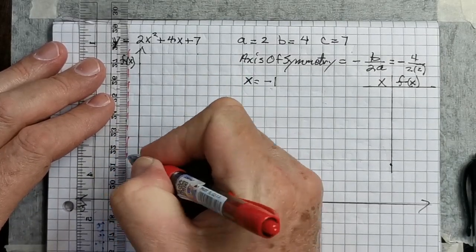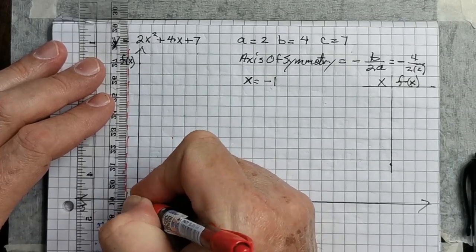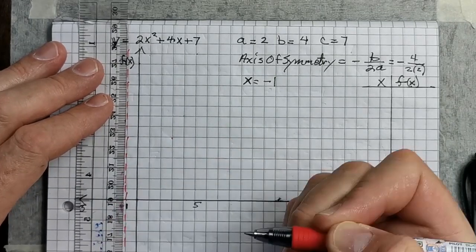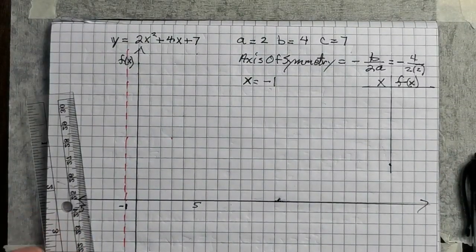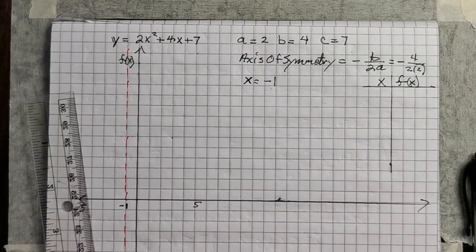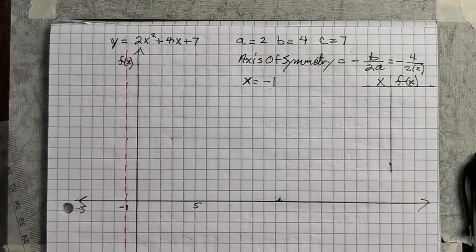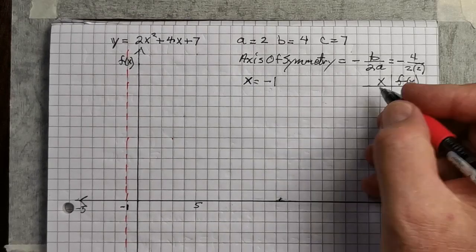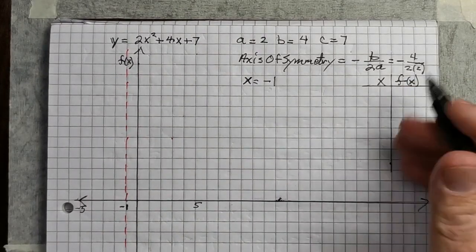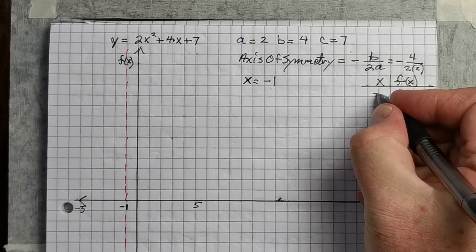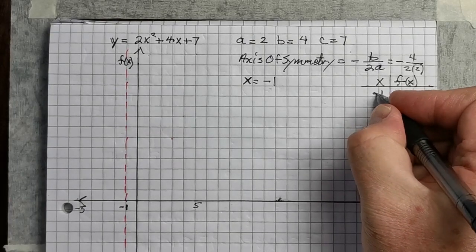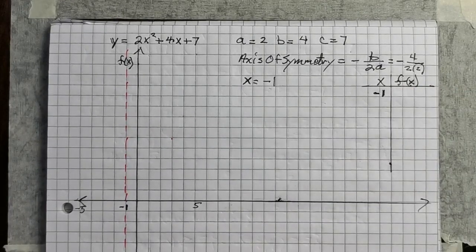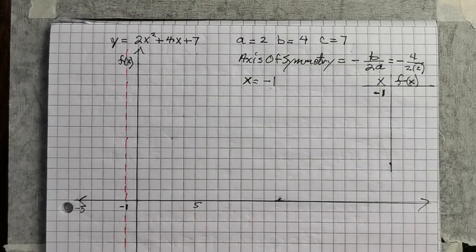Something like this, okay? X equal to minus 1. That's our axis of symmetry. Thinking about all that you've learned so far, when you put in x equal to negative 1, you will get out the value of the function at negative 1.